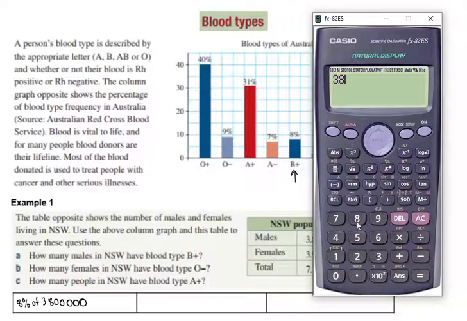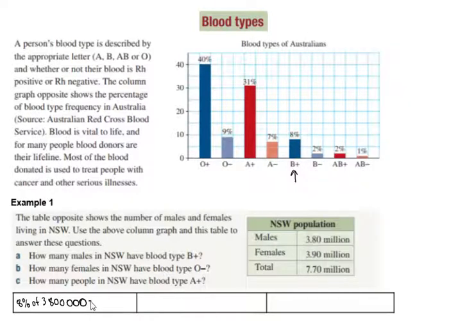So 3,800,000 times 8, and I'm going to use the percent button, percent equals. And the answer is 304,000.